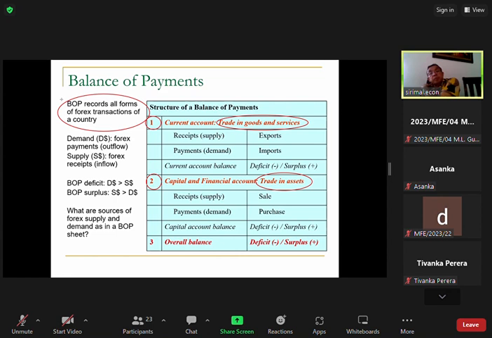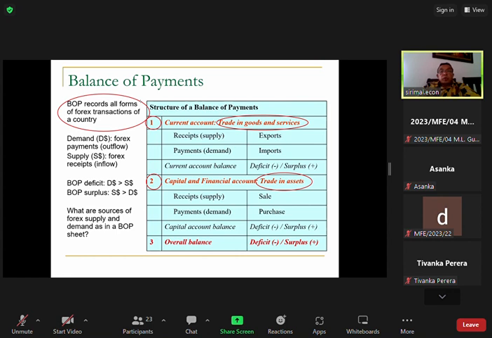But the most important thing in this account is international trade. In our model, we are incorporating international trade, not the others. So we look at international trade, how it brings supply and demand sources of foreign exchange.